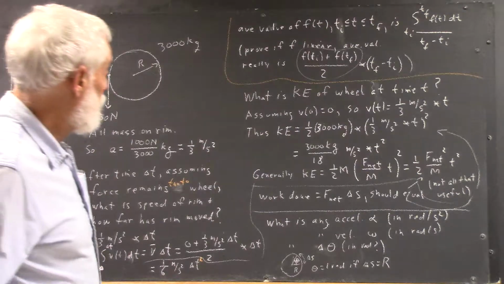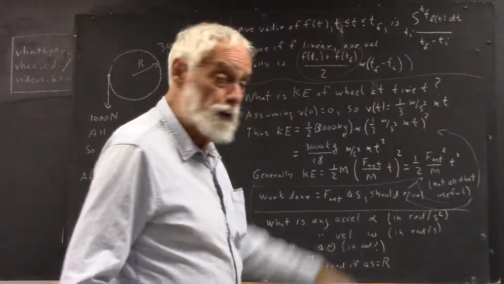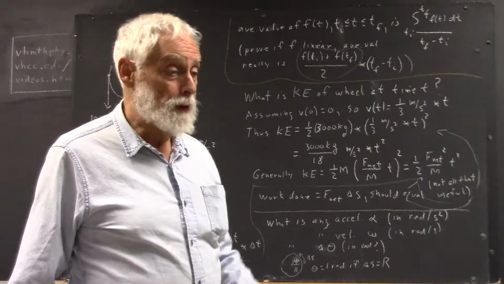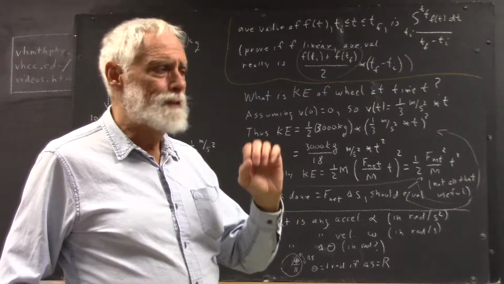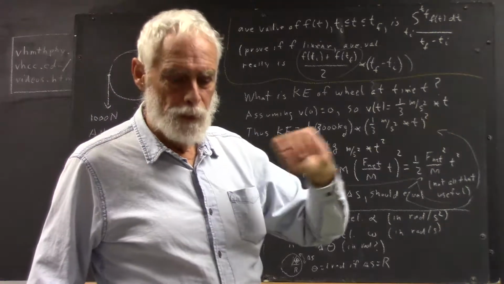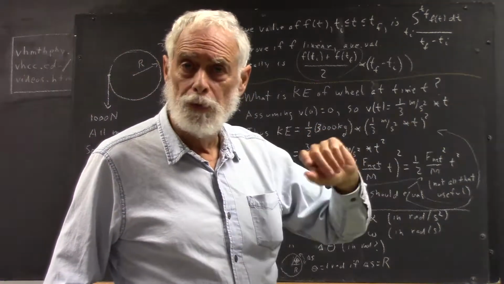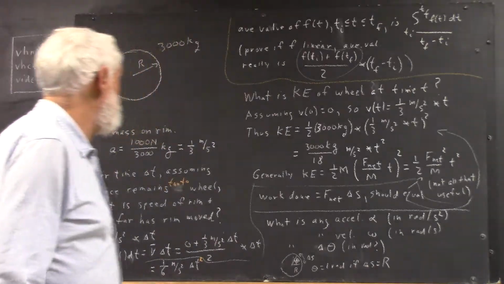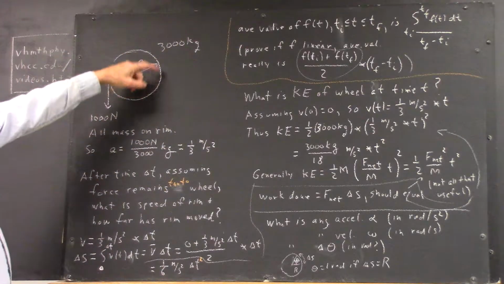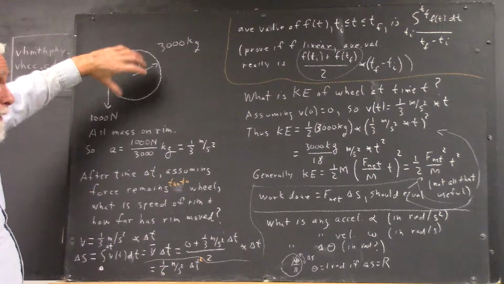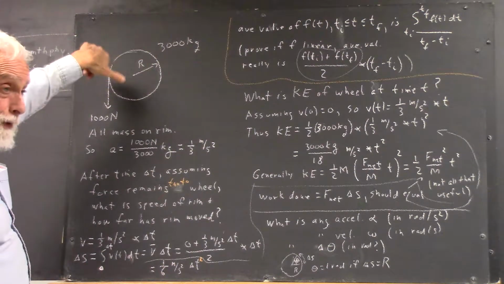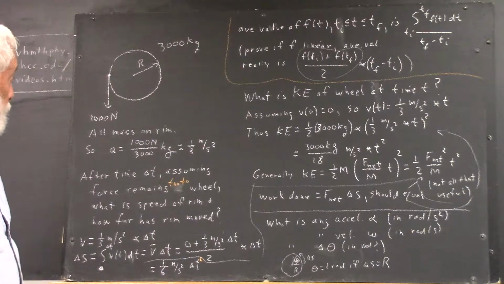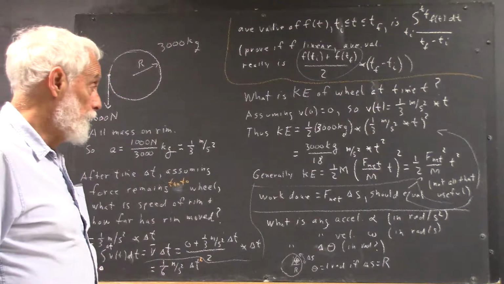So the question now is, what's the kinetic energy of the wheel at time t? Well, kinetic energy is 1/2 mv squared, for a point moving through space. Translational kinetic energy. Basically you have 3,000 kilograms all moving with this speed, so your kinetic energy is still 1/2 mv squared.